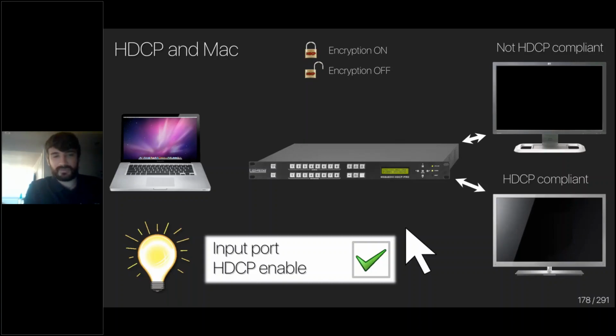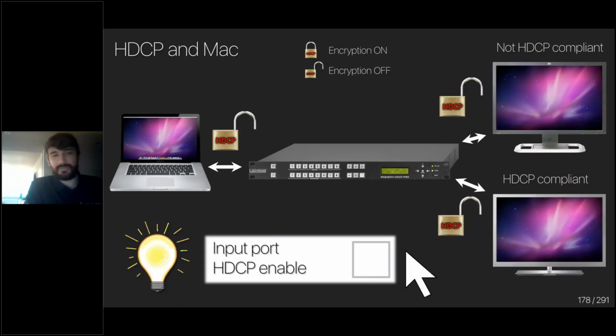So that's all that this checkbox does. However, it enables us to control whether the connected device sees our device as an HDCP compatible device. So in this case, now the Apple is sending an unencrypted signal to the switcher, and we can distribute that a lot more easily. I remember when we came up with this feature, it solved a hell of a lot of problems for us, and I believe that most other manufacturers are supporting something like this now.